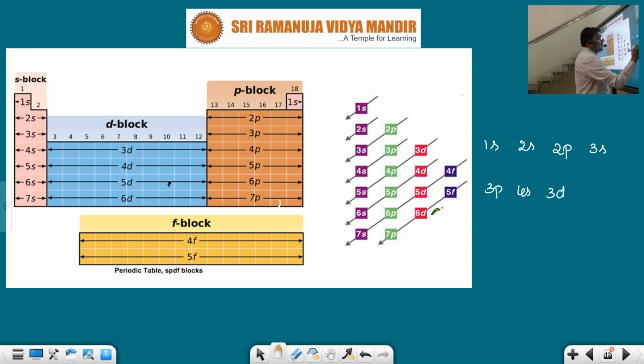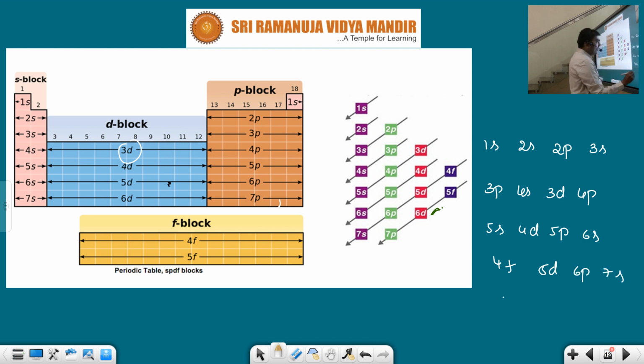After 3d, 4p. After 4p, 5s, 4d, 5p, 6s. After 6s, what is coming? 4f, 5d, 6p, 7s, 5f, 6d.